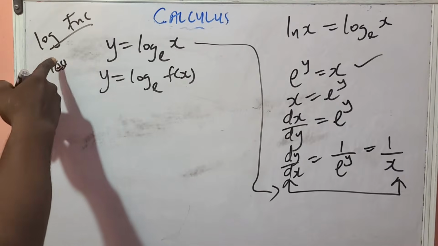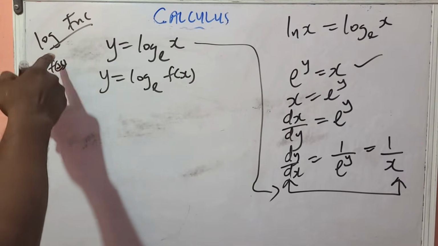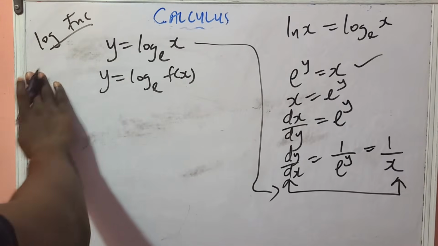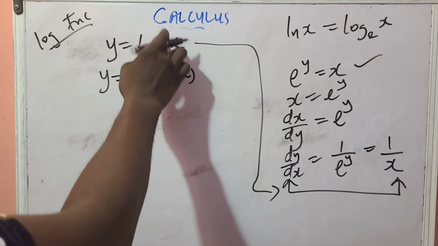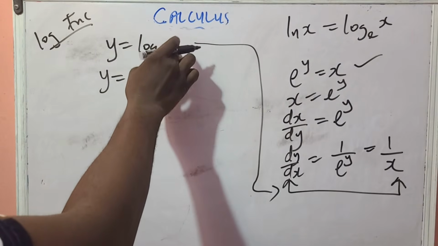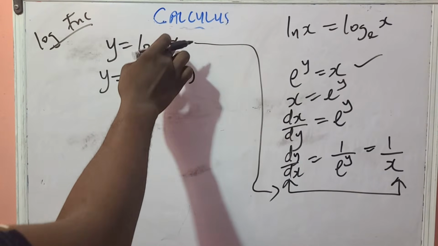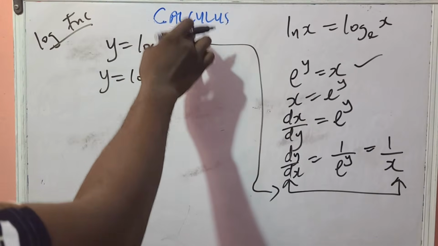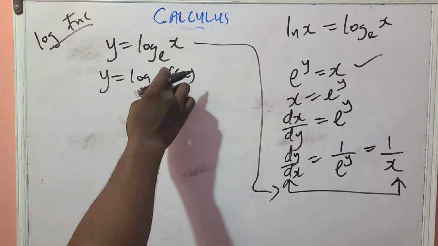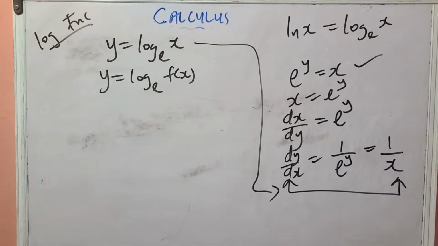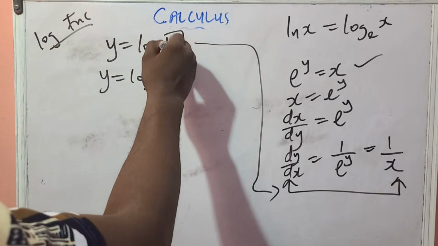And then I was always defining whatever was the power of e as f(x). That's the same way I want to do here, that I want to be defining whatever the logarithm was that I was doing, whatever this place was. Maybe x plus 1, maybe 3x squared, it may be 4x squared plus 2. Whatever this place is, let me just call it f(x), just for quick understanding. So whatever is here, we will be calling it f(x).